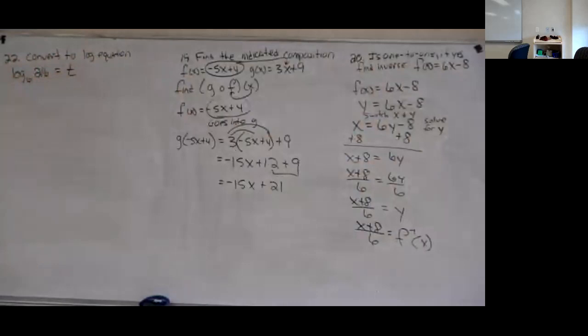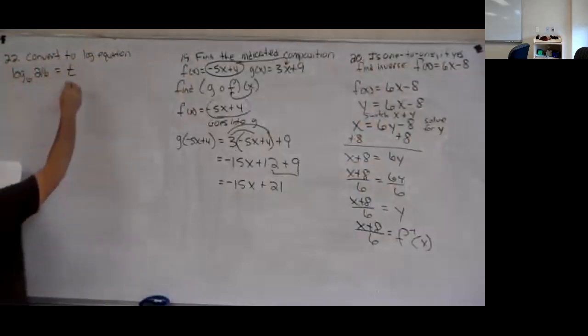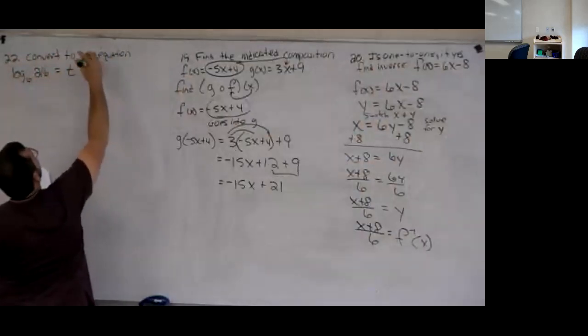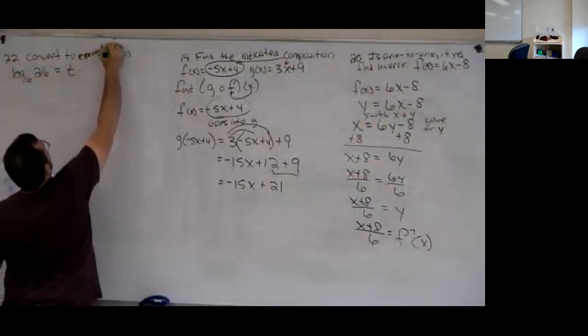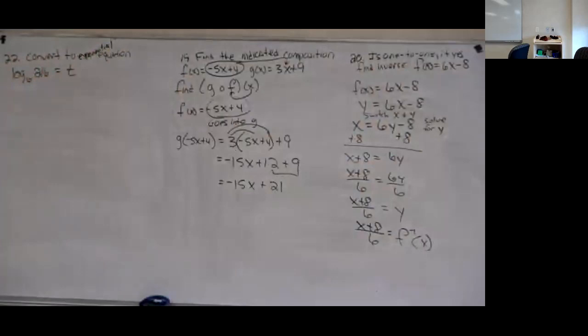So turn it into a, oh, hold on, what was I supposed to do? Oh, hey, y'all, this is convert to exponential. My bad. I was in the thing, convert to log, I already got the log in there, right? All right, so y'all just did this on my test. The base is 6. Exponent is the t, and 6 to the t equals 216.